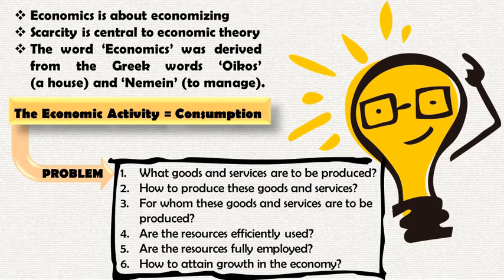Sa bahay, ano ba yung paborito sa bahay? Or let's say, ano ba yung kasya ng budget para maitawid ang buong maghapon? Ano yung pwede nating mabili? Ano ba yung dapat na pwede nating ihain sa hapagkainan? So yun yung ating goods and services.